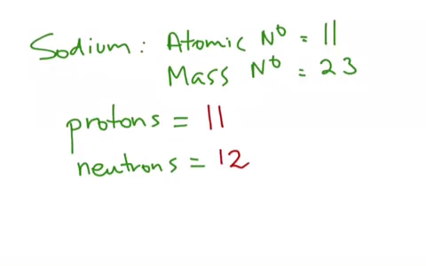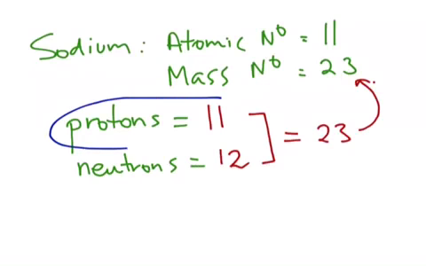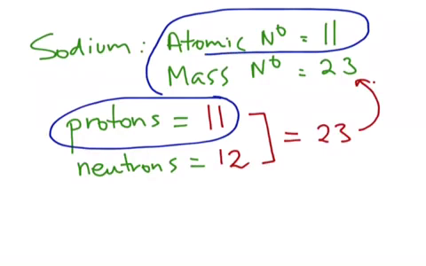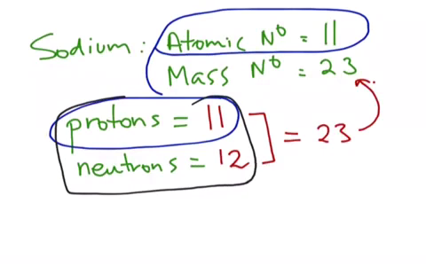So you have 11 protons and 12 neutrons, making up the mass number of 23. So just to be clear, the number of protons in an atom is its atomic number. The number of protons and neutrons in an atom is its mass number.